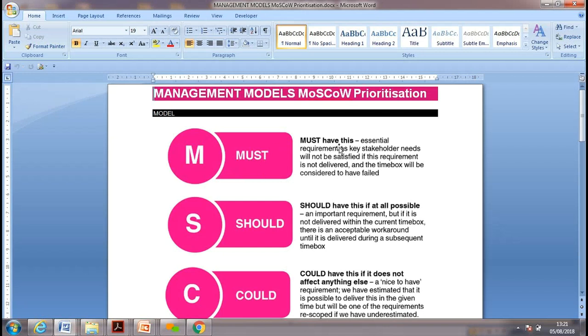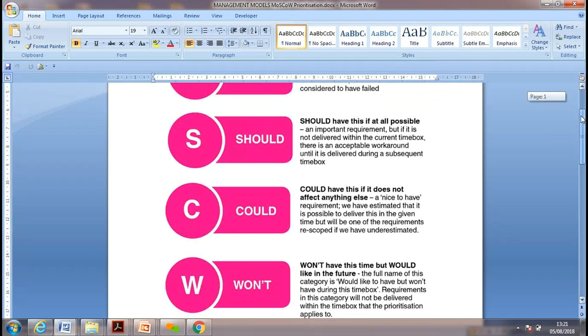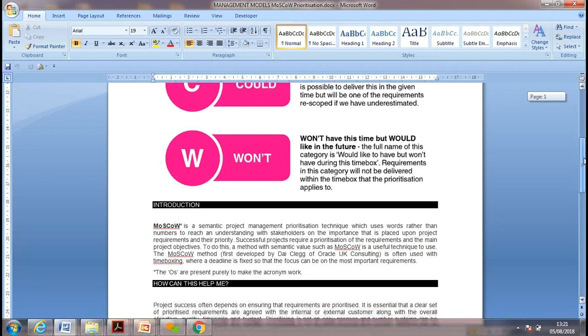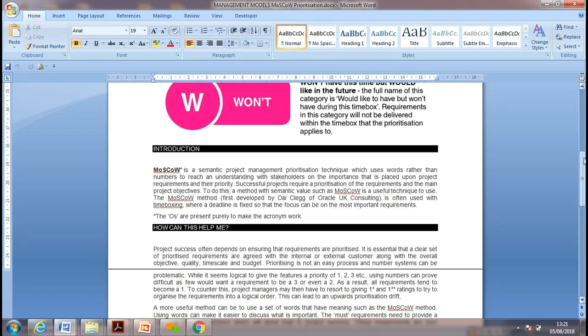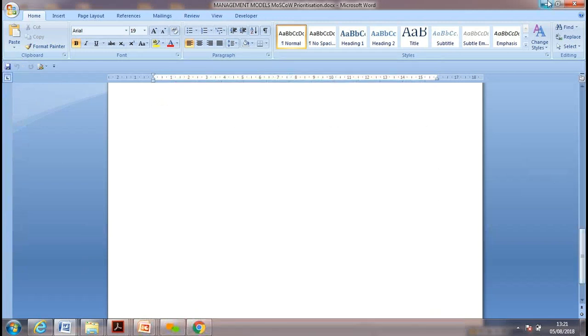Must have is the essential requirement, like key stakeholders' needs. Should have this if possible. Could have this if it does not affect anything else. Won't have this time but would like in future, maybe because this is our first project and we don't want to overreach. So it's all explained, and if you want, you can reference it in your assignment and discuss it.